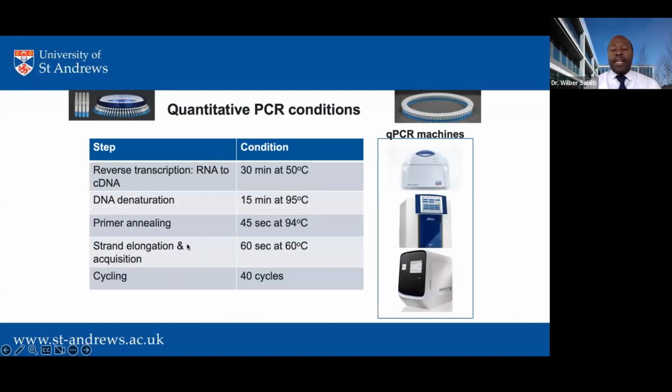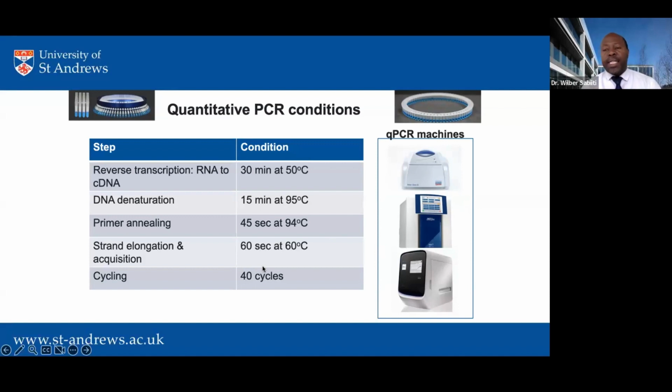So these are the PCR conditions. 30 minutes at 50 degrees for the reverse transcription to take place, and then 15 minutes at 95 for DNA denaturation, then primer annealing 45 seconds, then elongation 60 seconds, and this happens for 40 cycles.